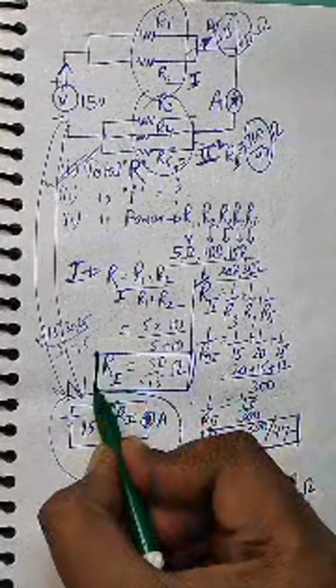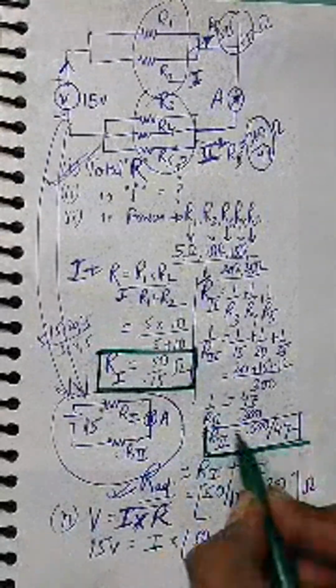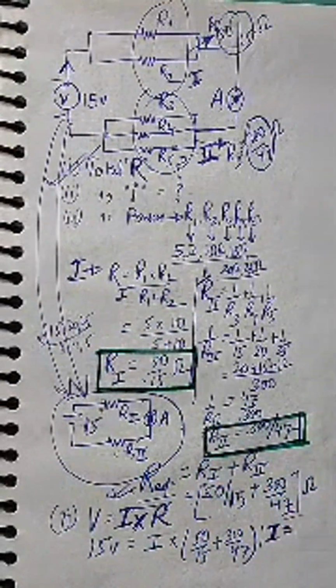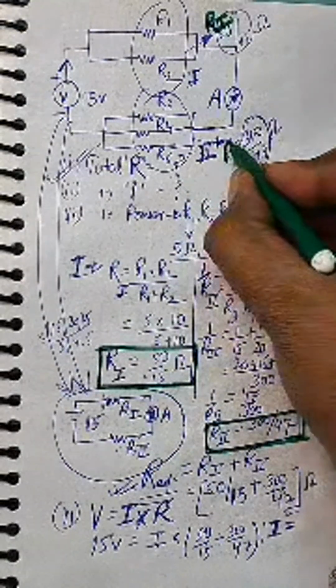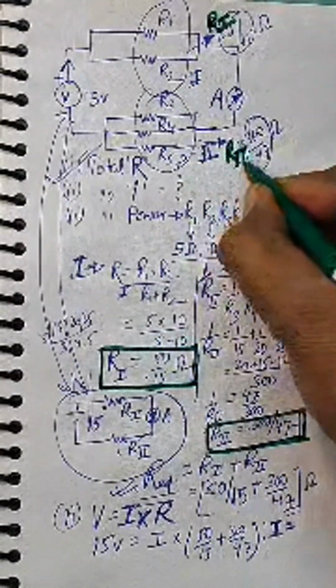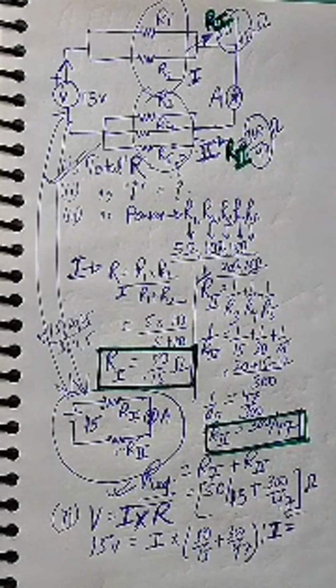So first we calculated R1 over here, then we calculated R2 over here, right? This is R1, 50 by 15, and this is R2, right?